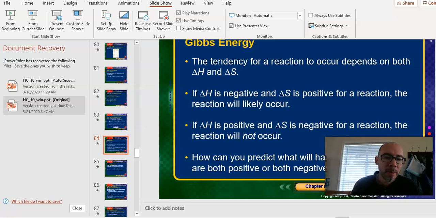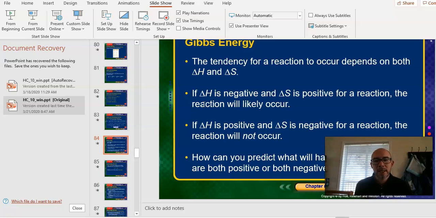And so he came up with this thing called Gibbs Energy, which is measuring the total amount of usable energy that you've got for a reaction. Sometimes you got energy there, but it's not in a usable form. So he wanted to know, how do we calculate that, and how that tells us whether or not something will be spontaneous or not. And if you've got available energy, a reaction can probably happen, right? If you don't have available energy, well, then probably something won't happen.